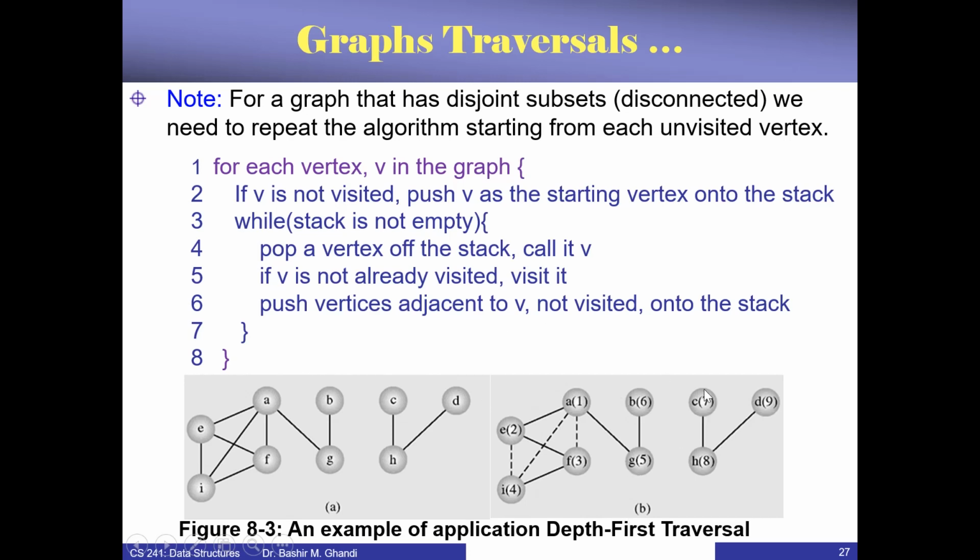So we start another traversal from C. So this was number 7, then H, which is number 8, and then finally D. So this is the order of the traversal in this case. The solid lines are showing you the path that is actually followed in doing the traversal.